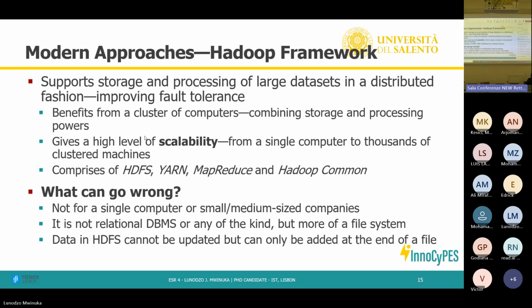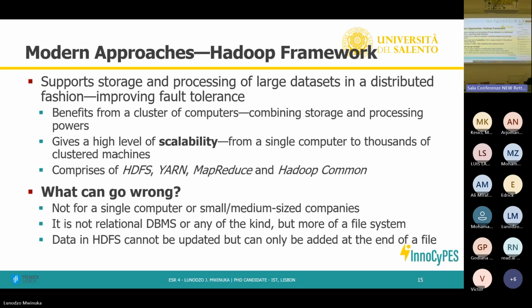Its structure is comprised of 4 main components. Hadoop has the HDFS, which is literally for data storage, with data being stored in terms of files. And then you have YARN for resource distribution. You may consider this like the operating system of the Hadoop framework, because its main role is to make sure that resources are managed properly.